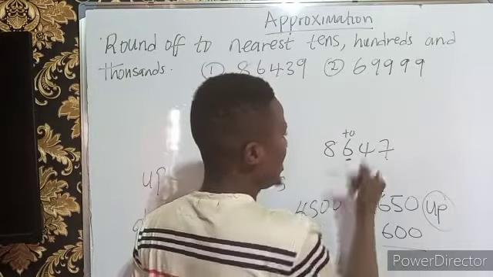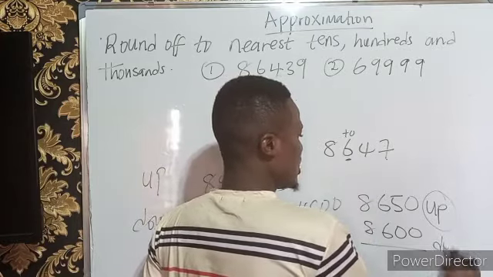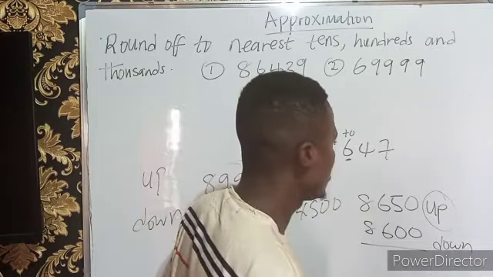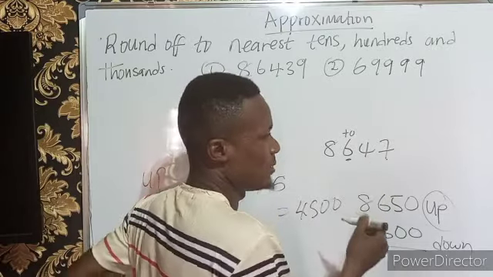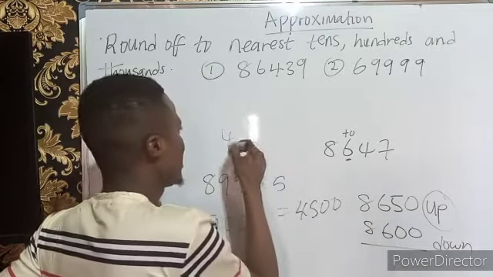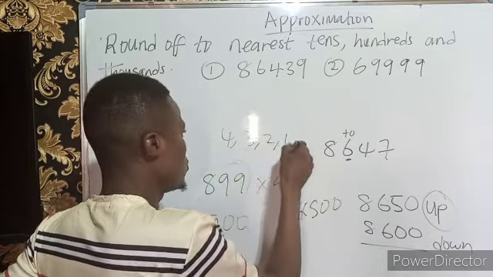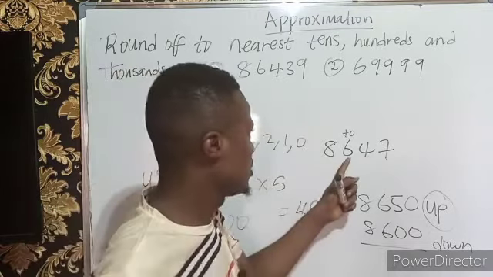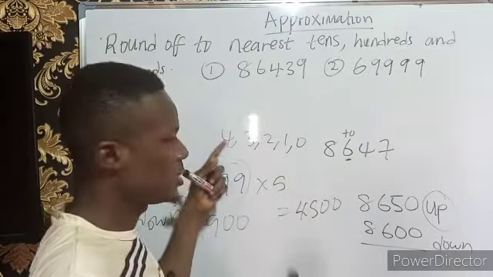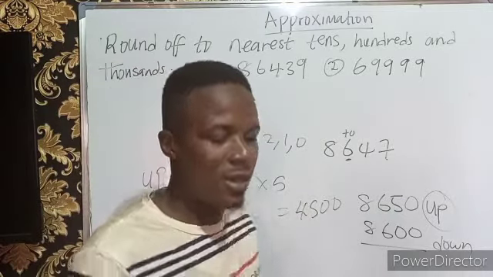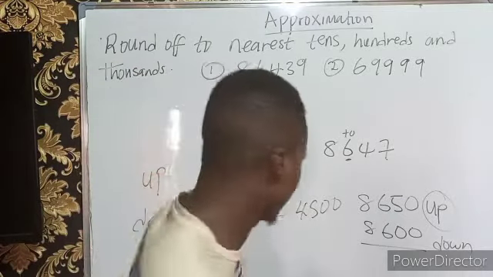In this case, I added nothing. This case is known as rounding down. So you round down when the number next to your target is less than 5. That is, if you have numbers like 4, 3, 2, 1, and 0 next to your target, don't add anything. But if you have numbers greater than 4, which is 5, 6, 7, 8, 9, you are adding 1.